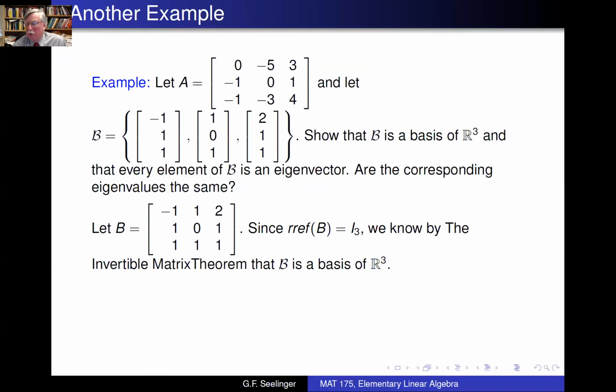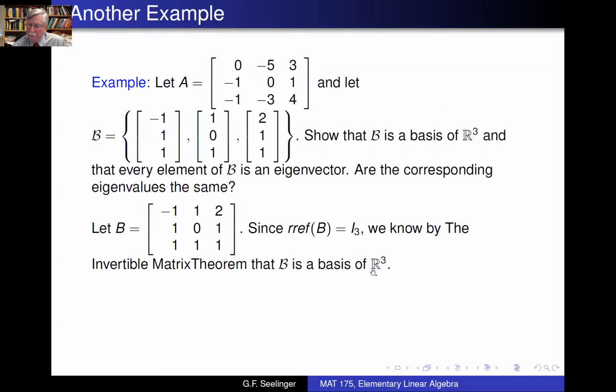So one, I can use the invertible matrix theorem to show this is a basis, by taking a look at the reduced row echelon form. Once I put all the basis elements into a matrix, I get the identity matrix. The invertible matrix theorem tells us that B is a basis of R3.